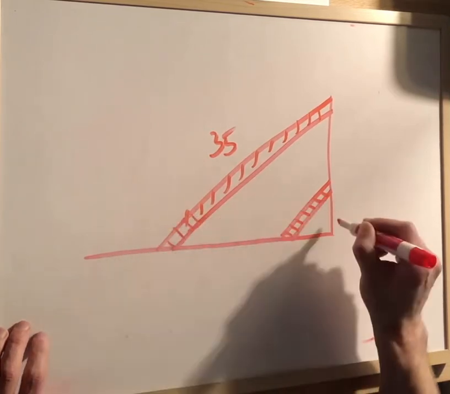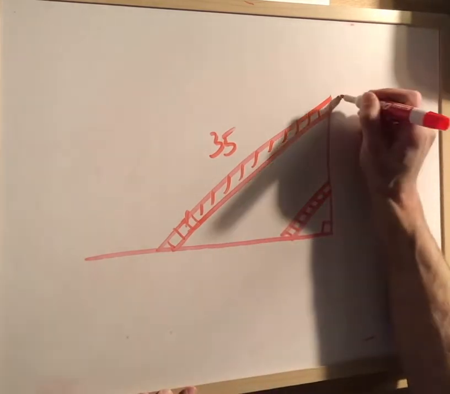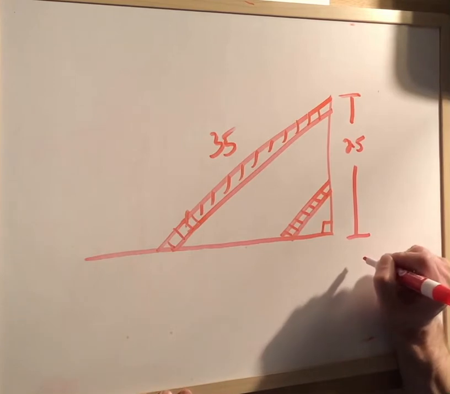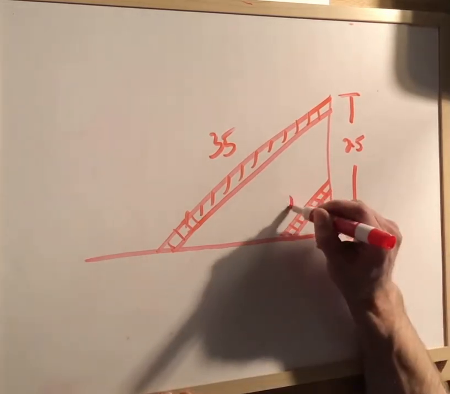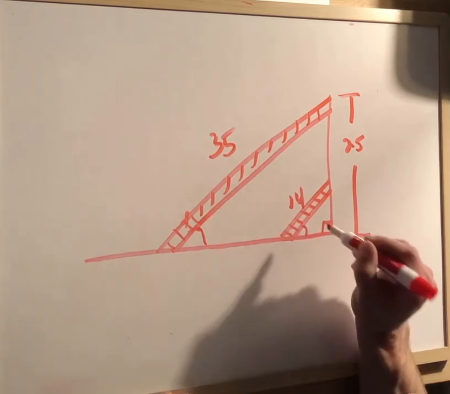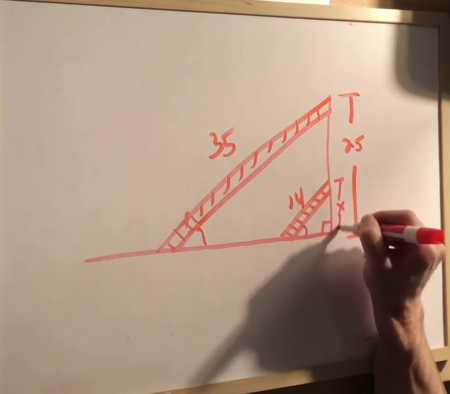The way this works, this is always a right triangle. Let's say this is 25 feet up from the ground. The bigger ladder is 25 feet up. Let's say the smaller ladder is 14. It's this angle and this angle. It's leaning in the same angle. How high is this ladder right here?